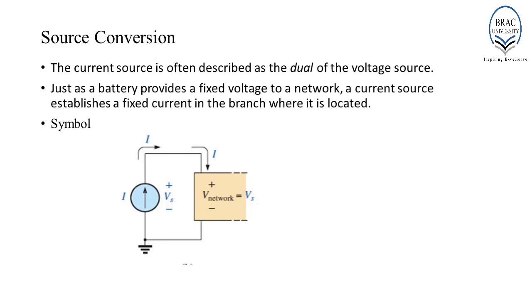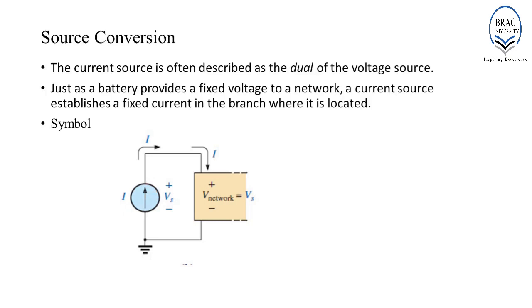The next topic which we'll cover is source conversion. Over here we'll see how we can replace a current source with an equivalent voltage source and vice versa without affecting the network. Well, the symbol for an independent current source is this one, where the arrow indicates the direction of the current flowing.